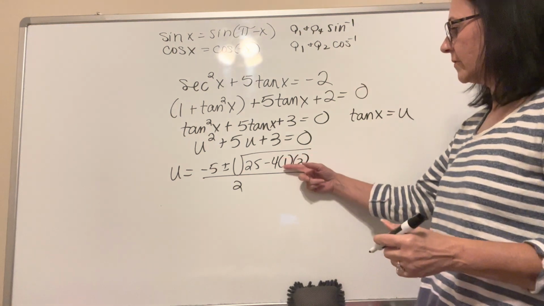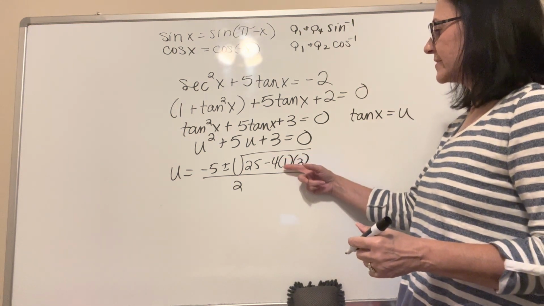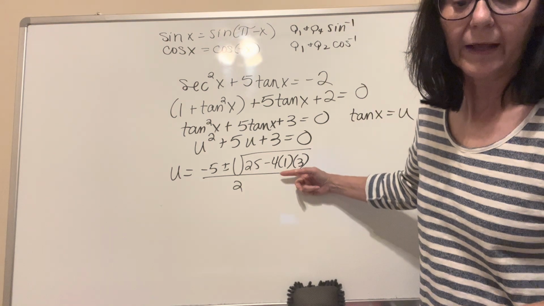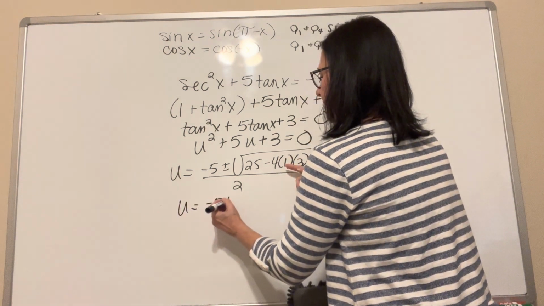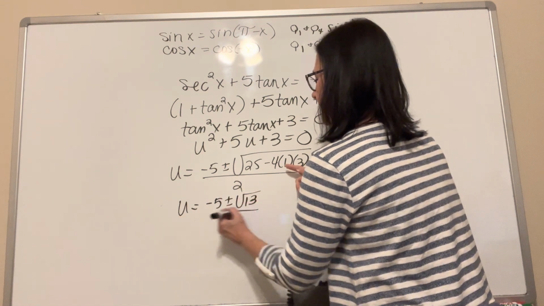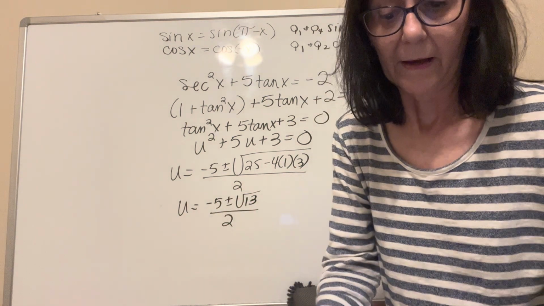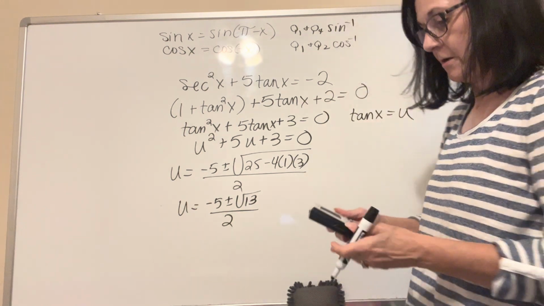So that's 12. 25 minus 12 is 13. Am I really going to have a radical? Yes. So u is negative 5 plus minus the square root of 13 over 2. I'm actually going to put that in a decimal.